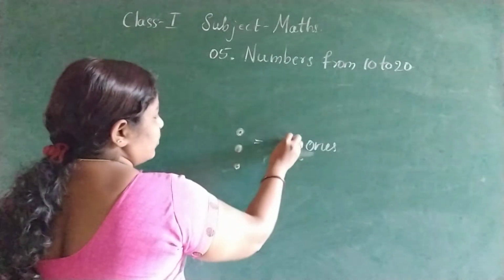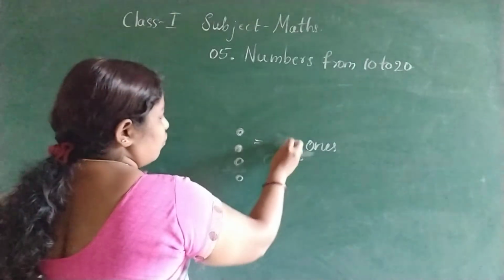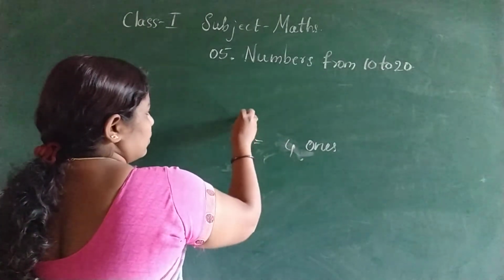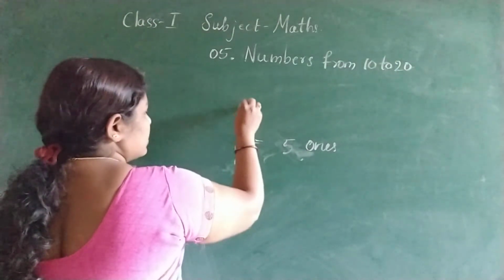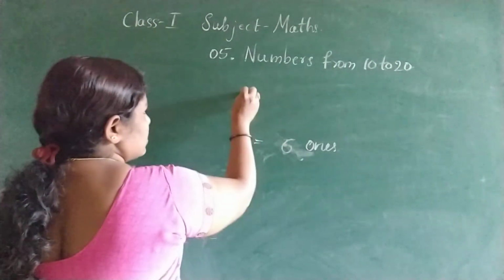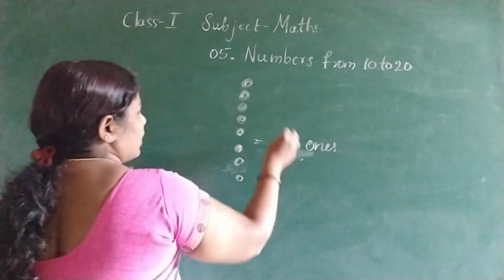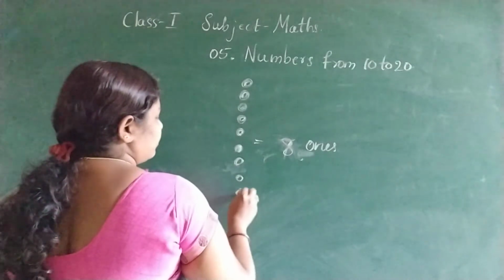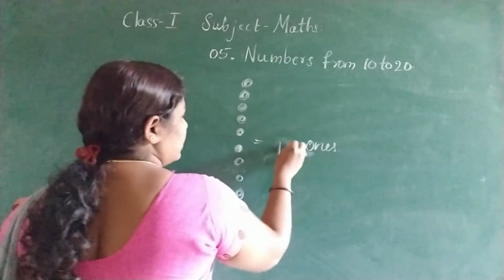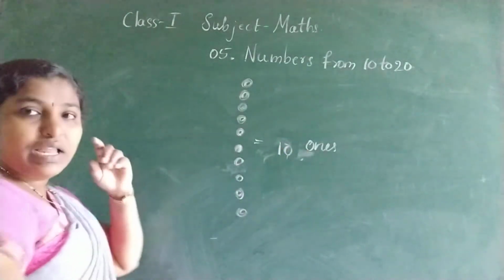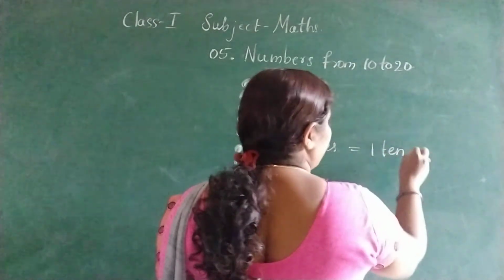Now this is 3 ones. 4 ones. 5 ones. Next 6 ones. 7 ones. 8 ones. 9 ones and 10 ones. 10 ones is nothing but 1 ten.